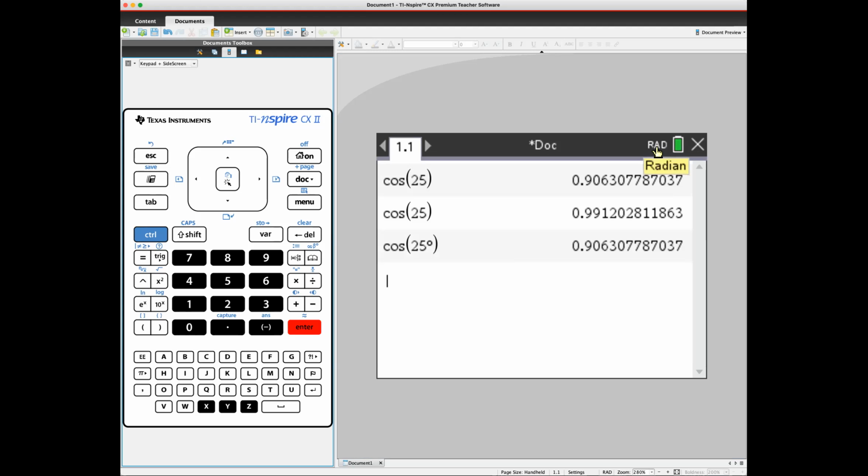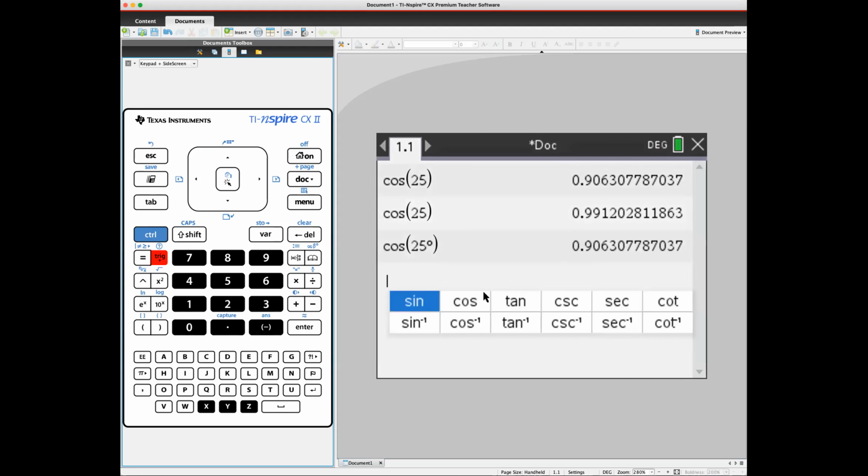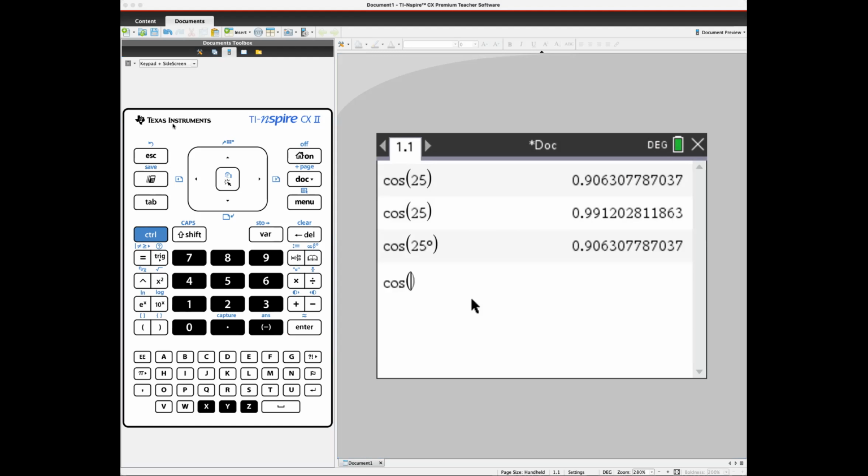this computation will be cosine 25 degrees. And likewise, if I'm in degree mode and I want to do a computation in radians, I can hit trig cosine, and then I can enter 25. Then if I hit the pi key again, you'll see this little r. This means the units are radian.